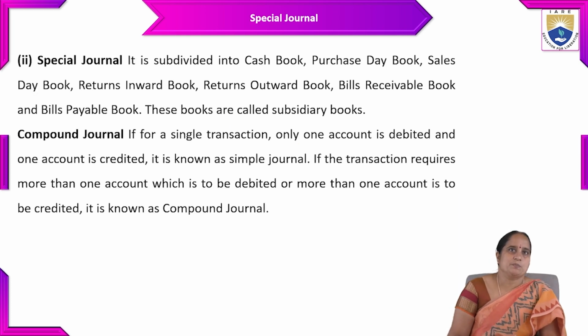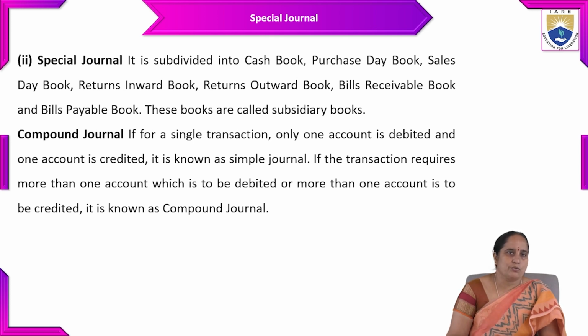The next type is special journal, which is subdivided into cash book, purchase day book. These different types of books are called subsidiary books. For a single transaction, only one account is debited and one account is credited. That is known as simple journal.